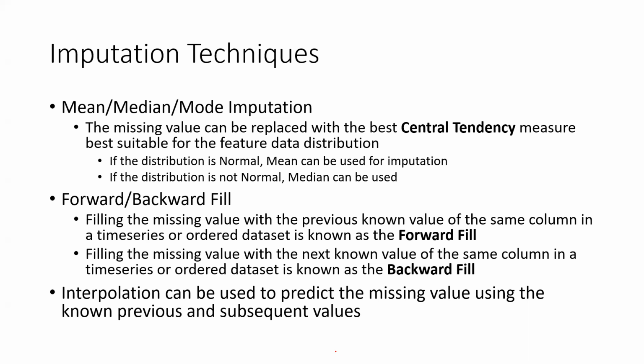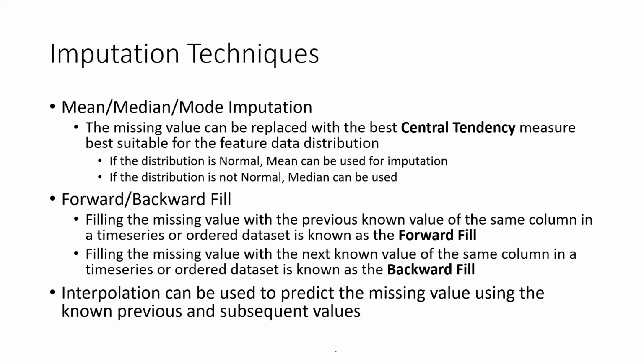And there are some other much easier ways, like forward fill and backward fill. That can be used only if the data rows have an order, right? So for example, if the data fields are ordered in a time series way, ordered according to time.